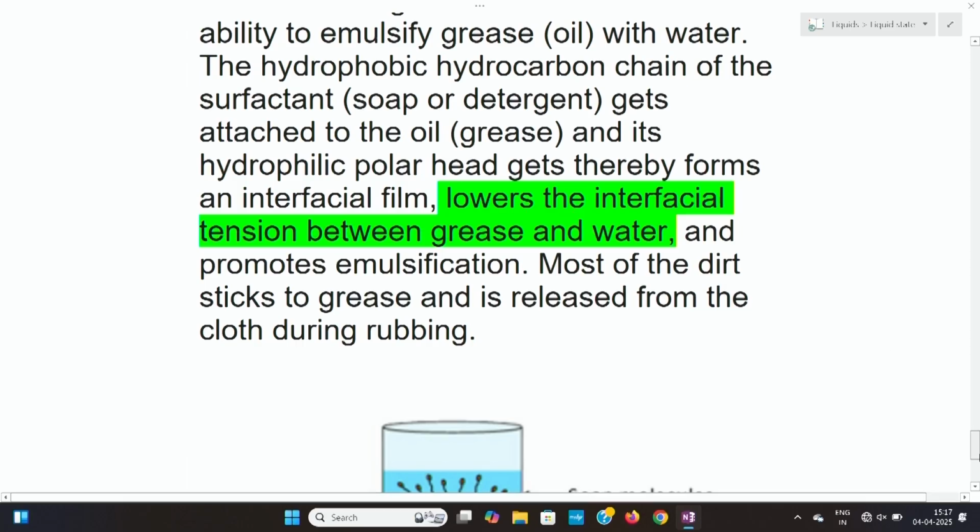Here the COO part is the hydrophilic part of sodium stearate, that is the sodium salt of stearic acid. This hydrophilic part of the surfactant is attached to the water molecule, and the hydrophobic part, that is the hydrocarbon part, will attach to the oil or grease. When it is attached to the oil or grease and the hydrophilic part is attached to the water molecule, this structure is forming.